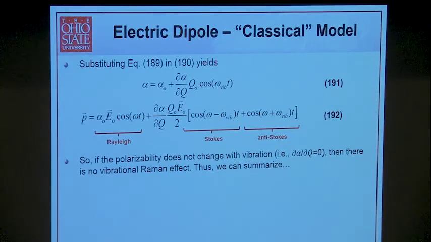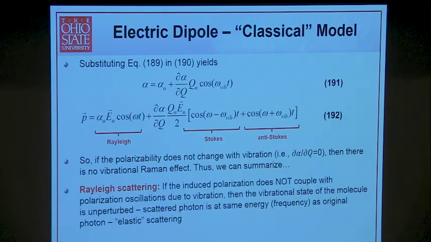So all we're trying to say is that when we hit any molecule with an electric field, there's a certain polarizability. That's a material property. And if it changes with vibration, then there has to be a Raman effect. If it doesn't, it's not the Raman effect. So we'll stop here after these two definitions.